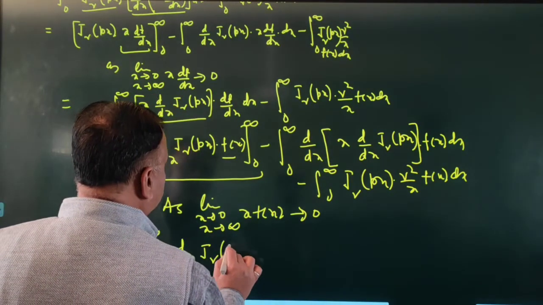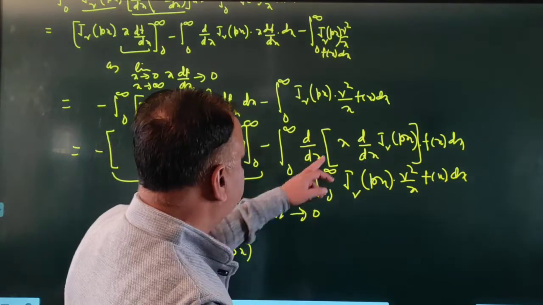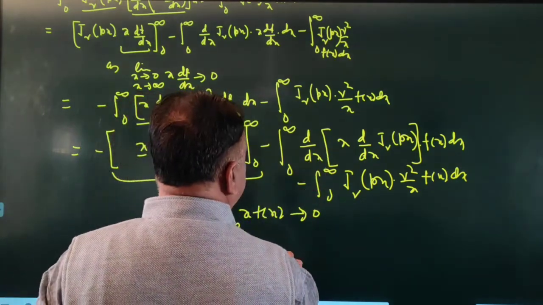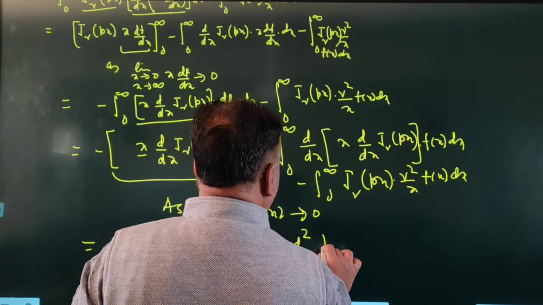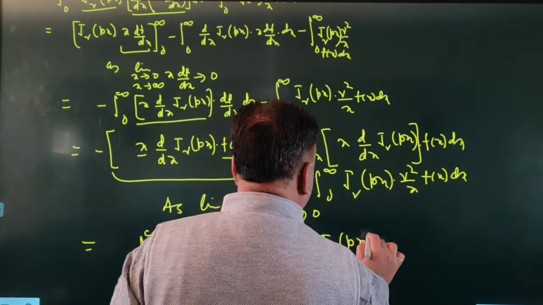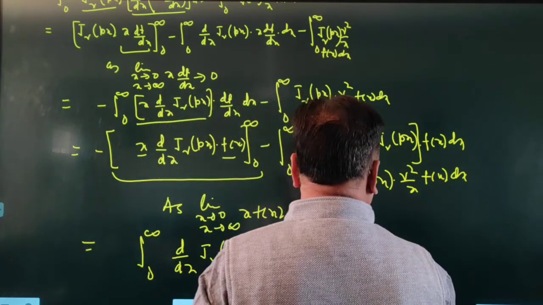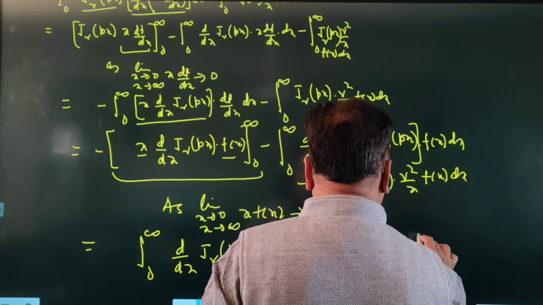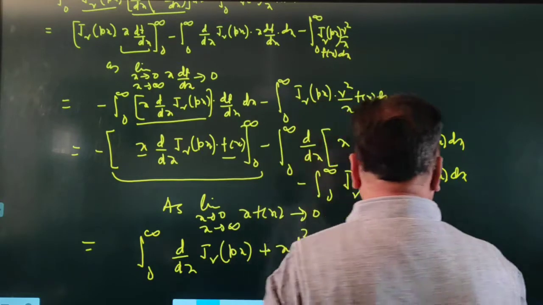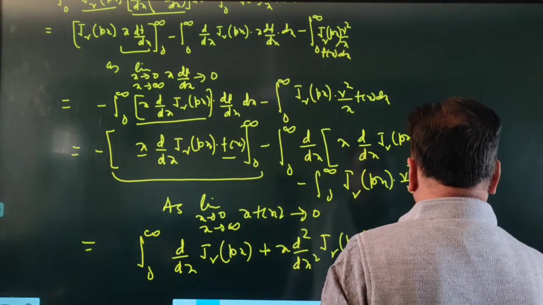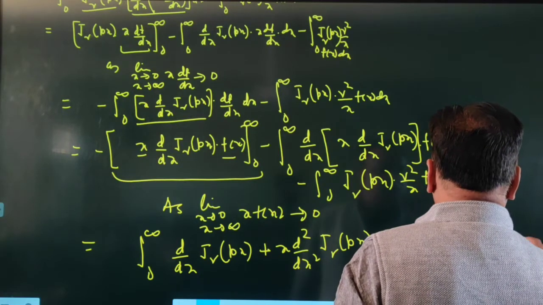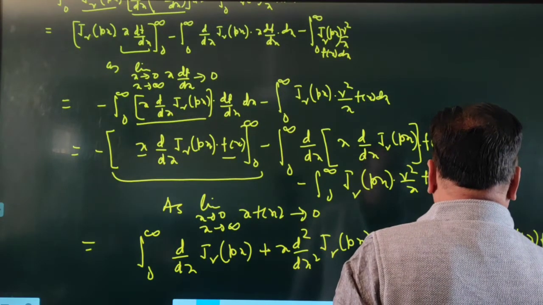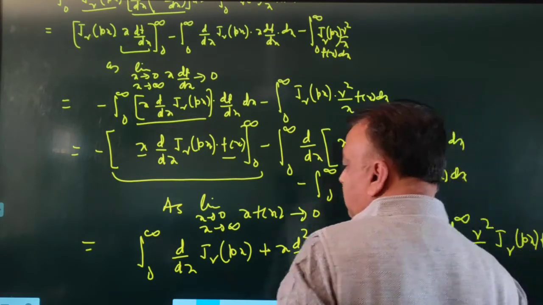as differentiating with respect to x, plus x d2 by dx square of J nu(px) into f(x) dx, minus the integral from 0 to infinity of nu square upon x J nu(px) f(x) dx.